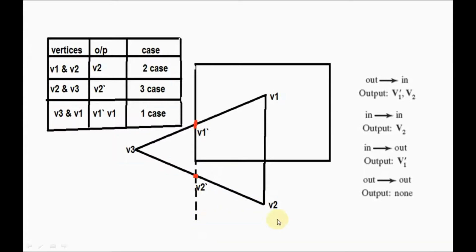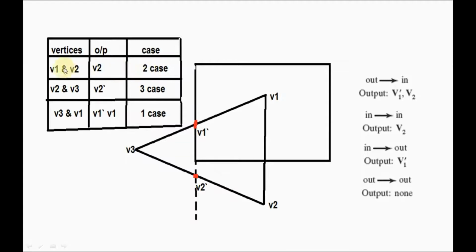Now you can see both V1 and V2 are inside. So what is the case? Inside to inside movement. V1, V2. What is the output? The second vertex you have to consider, V2. So what is the second vertex in V1 and V2? V2 is the second vertex I am considering here. So the output is V2. What case did I consider here? Second case.